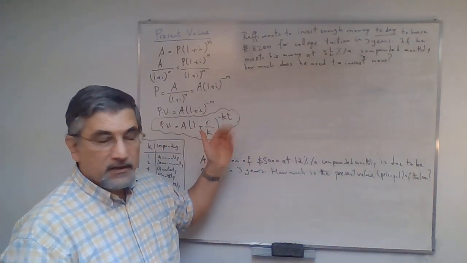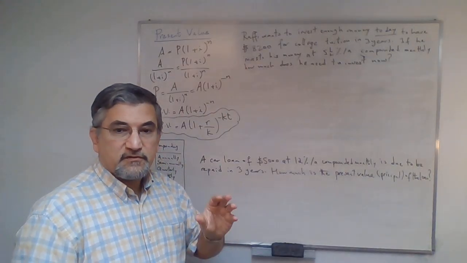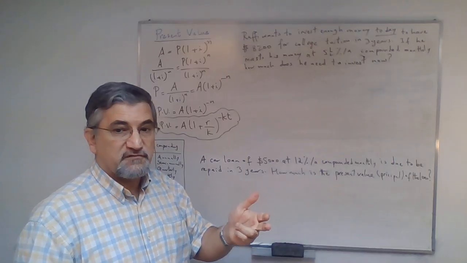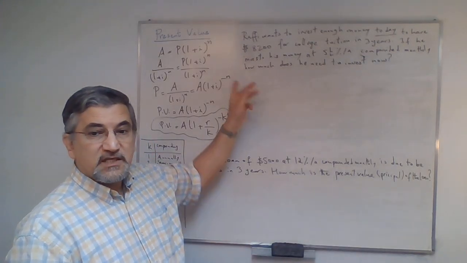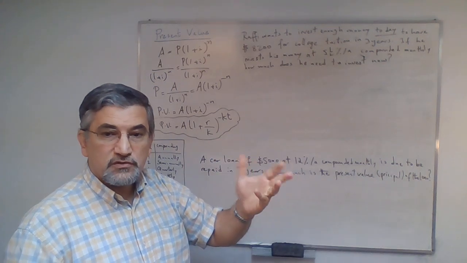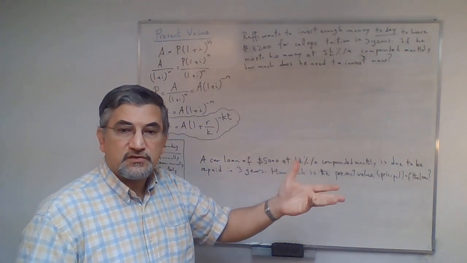He's going to go to college 3 years from now. That's his plan. So this $8,200 is never equal to P or the PV or the present value or the principal, because that is the money that he needs to have in the future. That's the final amount that he wants to have down the road after 3 years.